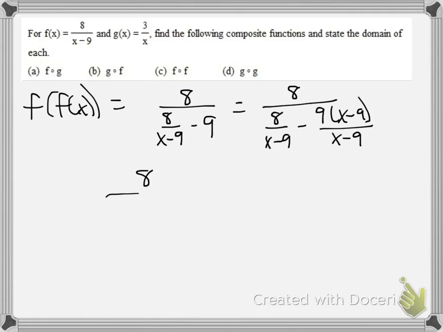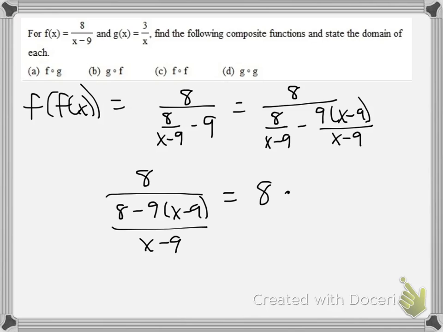So we have 8 in our numerator, then we have 8 minus 9 times x minus 9 all over x minus 9. And again, we can flip our denominator upside down. When we divide by a fraction, we multiply by the reciprocal. So we have 8 times x minus 9 over 8 minus 9 times x minus 9.